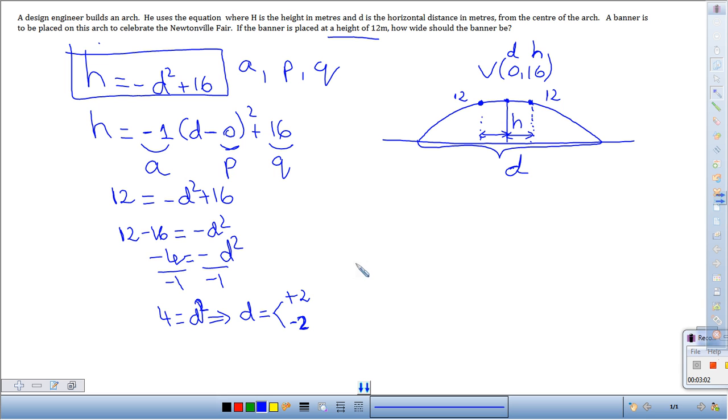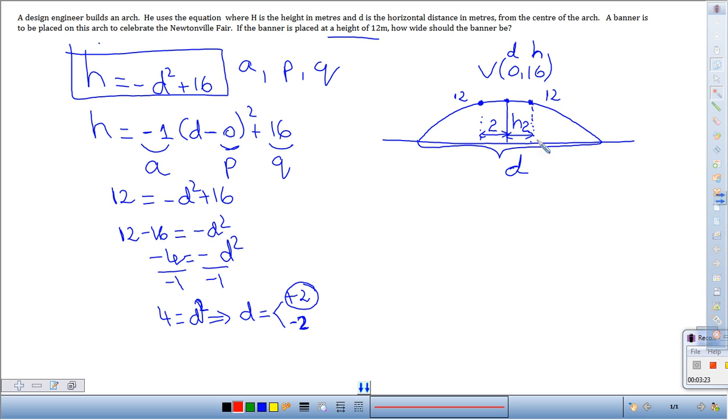Now, the distance cannot be a negative number, right? So the distance is a positive number of meters. So I will have 2 meters on the left side and 2 meters on the right side of that center fold. So how many meters wide should that banner be?